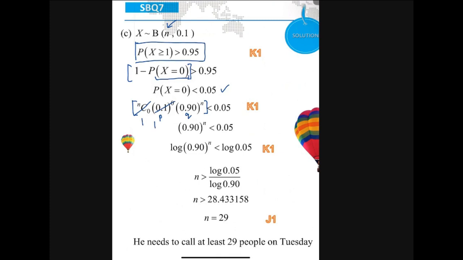That's how we are left with 0.9 to the power of n is less than 0.05. In order to find n, we have to log both sides, and be careful when we divide by a log involving a decimal number that is negative, so you have to flip the sign. That's how we finally get n would be 29 people.